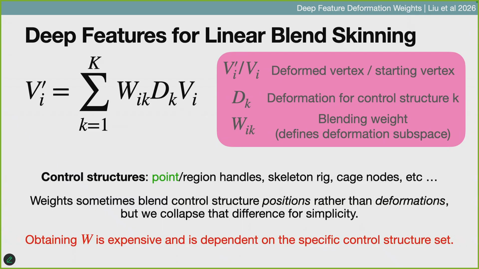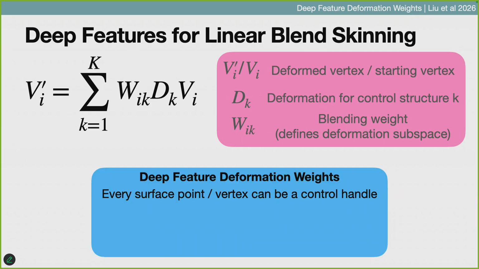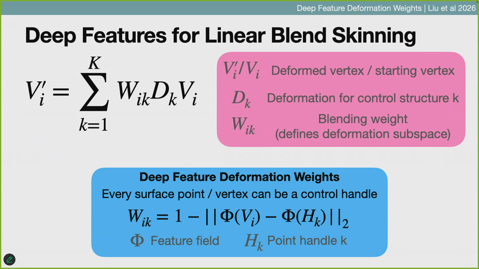Okay. So in deep feature deformation weights, we do something very dumb. You see a common trend here, which is we just assume every surface point can be a control handle. What does that mean in practice? That means that we can define our blending weights as just the L2 distance between a feature at a vertex on the mesh and a feature at your point handle of choice.